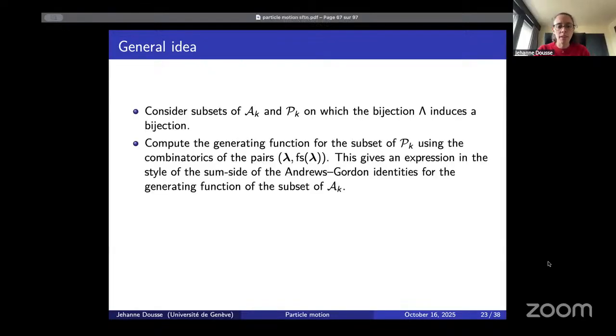Then we will compute the generating function of the subset of P_k using just the combinatorics of the k-tuples of partitions that we consider. Thanks to the bijection, we will have a nice expression for the subset of A_k, for example in terms of sums of infinite products. So that will give us the product side of the identities. So we will see.